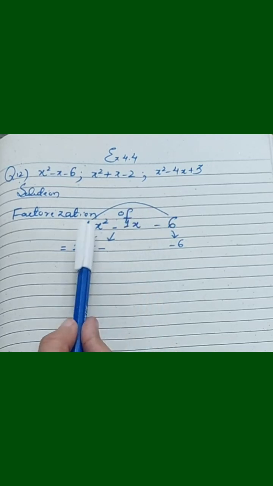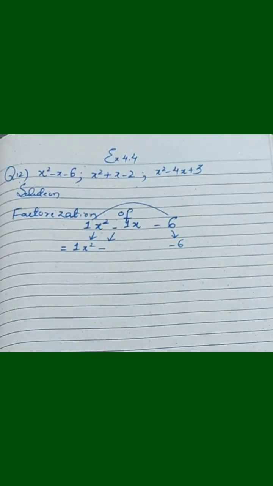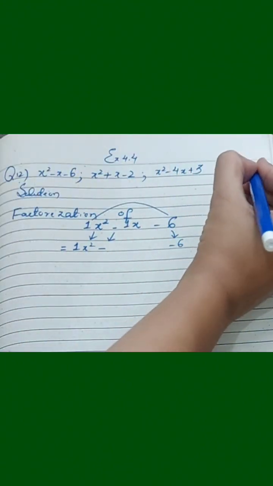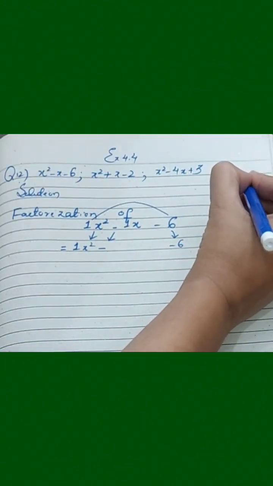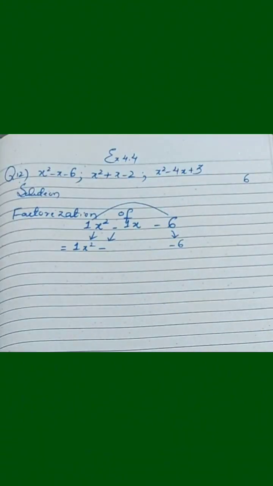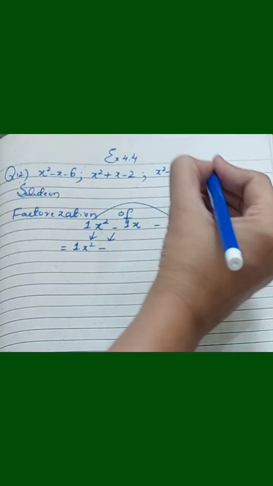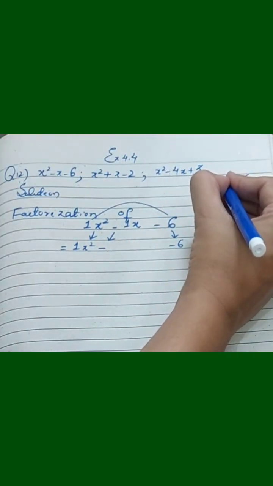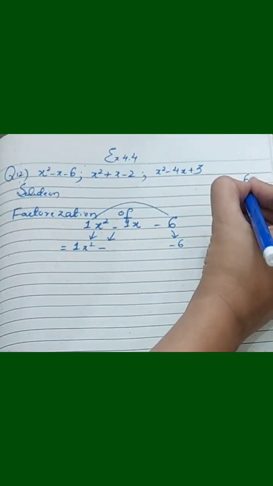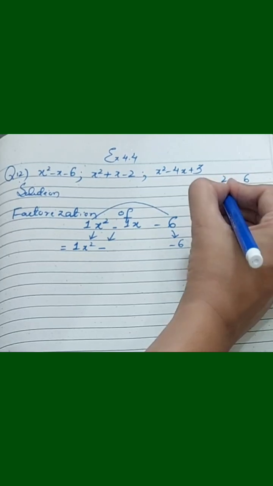When we multiply, it will be 6. 6 ones are 6. In the rough side, you can take LCM of 6. When we take LCM, we always start from the smallest number. 2 3s are 6, 3 ones are 3.